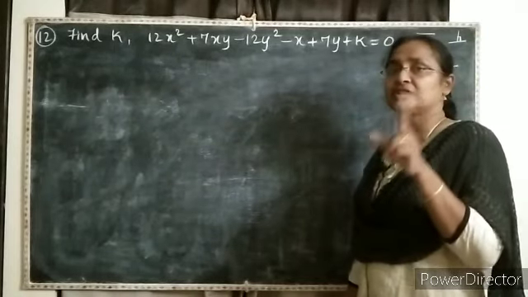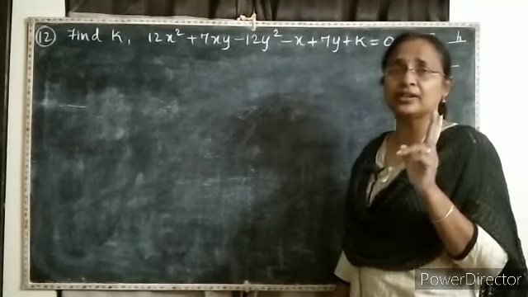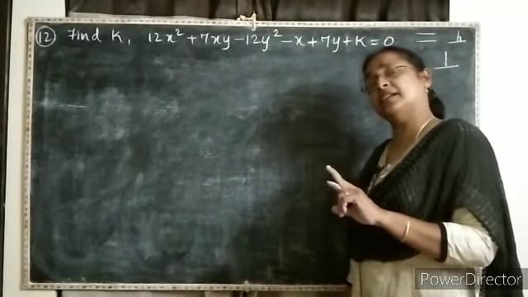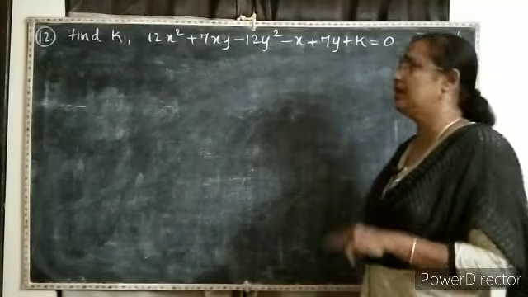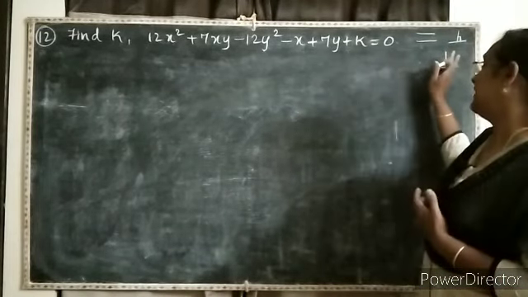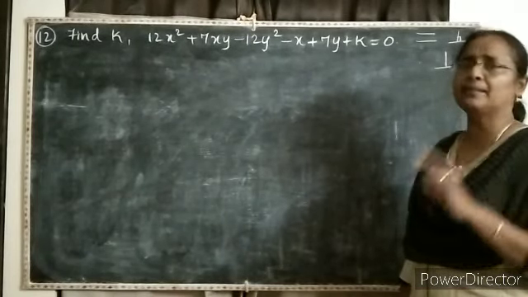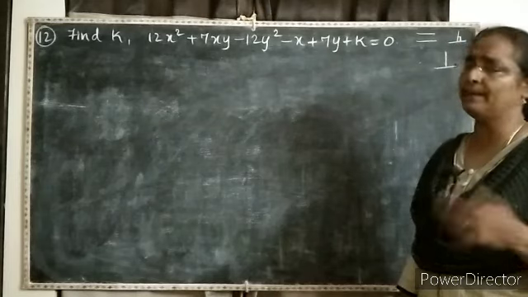So we know two conditions we have already learnt in our previous video. The condition for the parallel line, and there is also a condition for the perpendicular line. Okay, so we are going to check whether the line is parallel or perpendicular. If any one is satisfied, we can conclude the given line is perpendicular or parallel.